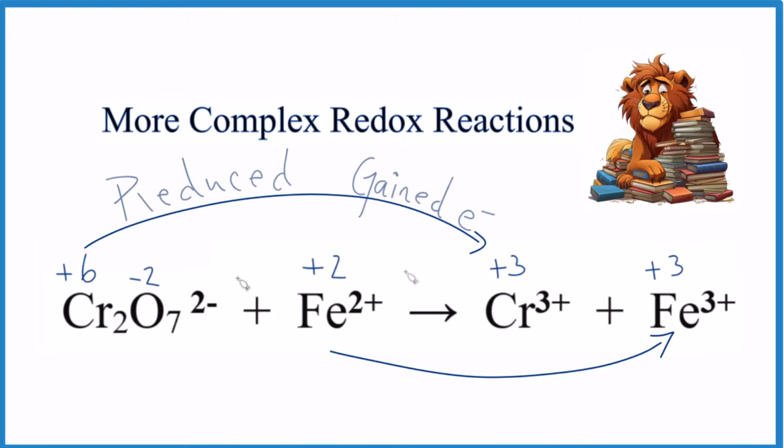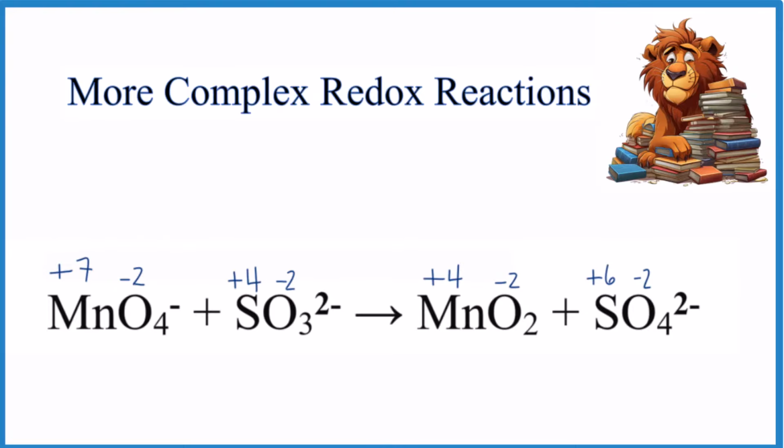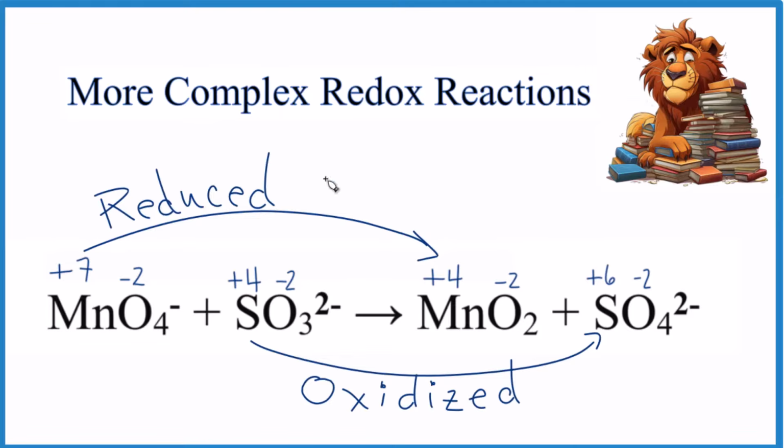But for now, the chromium's reduced, so it gained electrons. The iron was oxidized, it lost electrons. One last one. Give this one a try. So gaining electrons is reduction, and losing electrons is oxidation there.